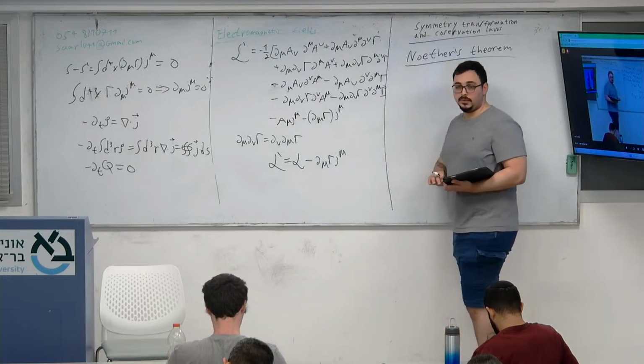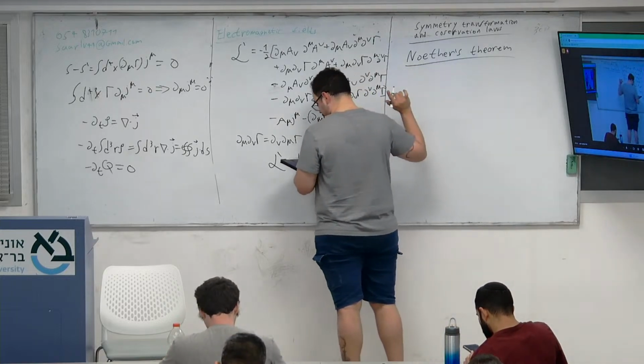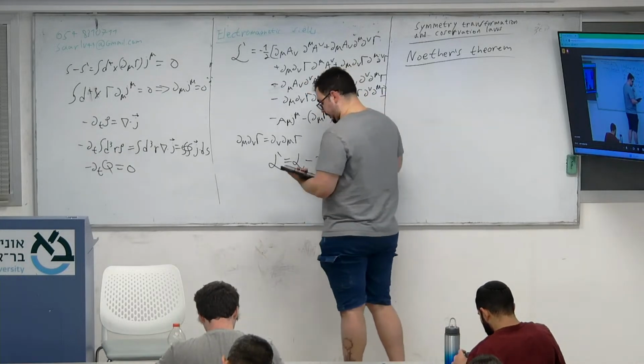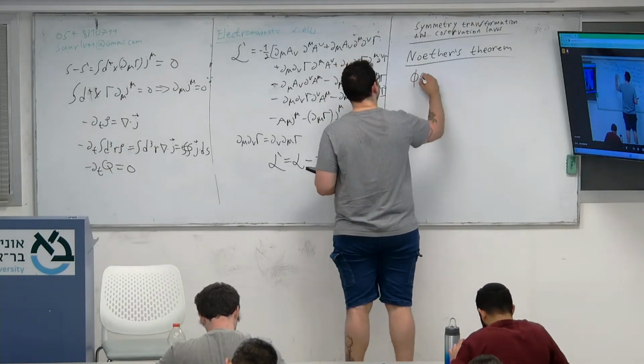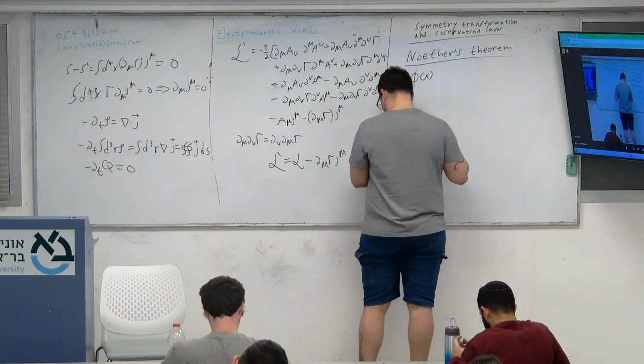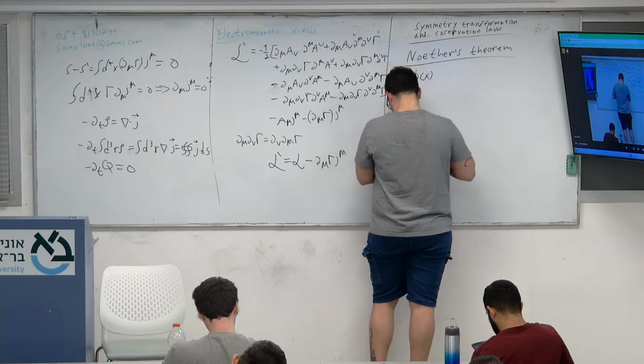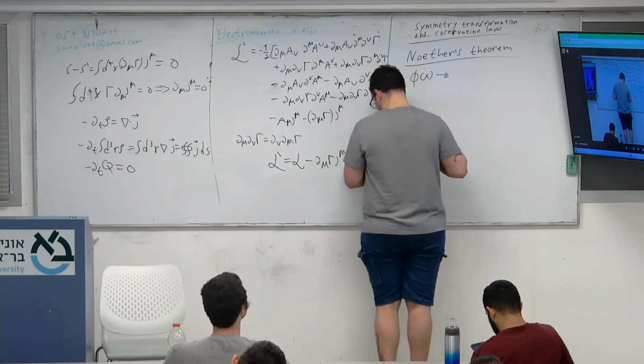Let's start with the simplest case. We have one field φ(x), where x is some 4-vector that defines our field, and we'll make some infinitesimal change in the field.